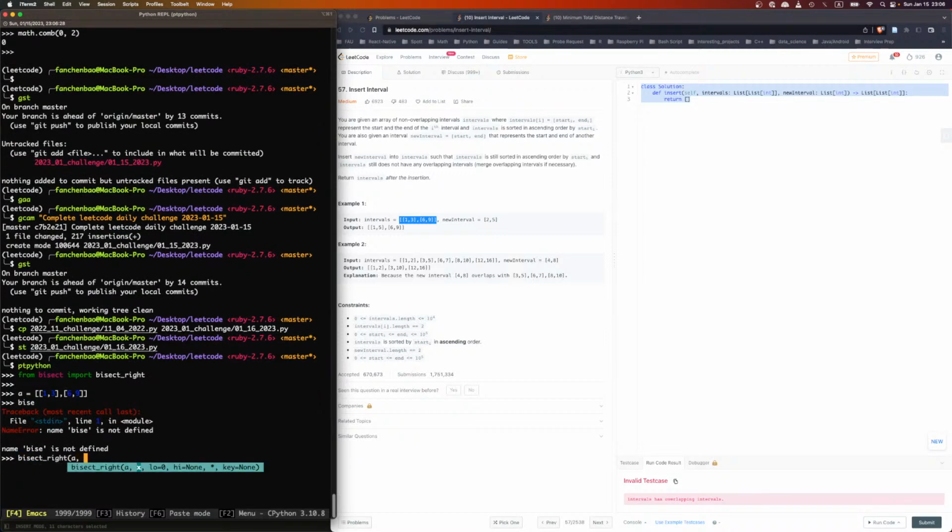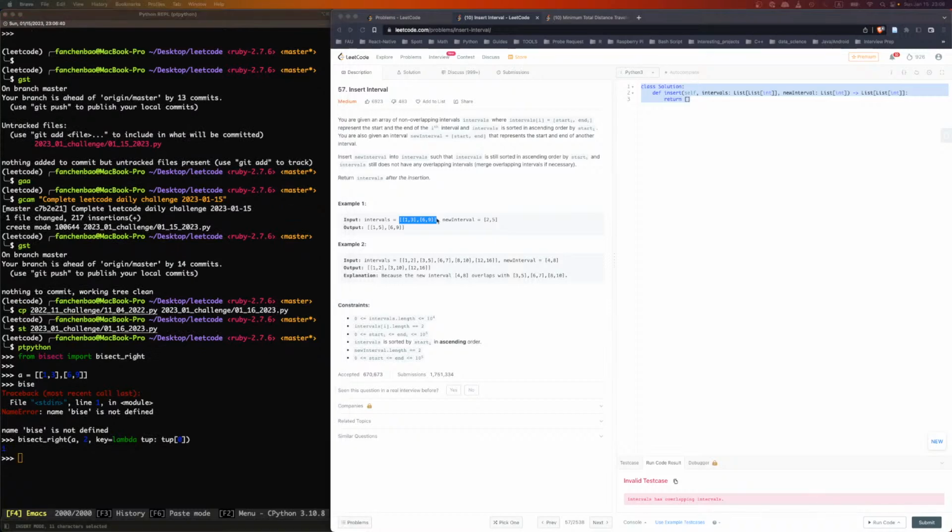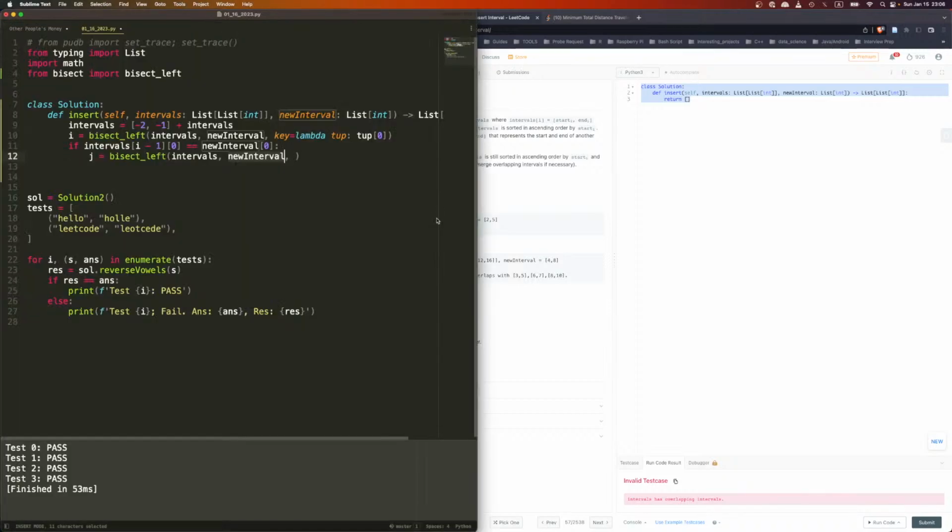A, let's say 2 key equals lambda tuple. Can we do this? Oh, I can. All right. Then I shall do 0. I shall do 1 key equals lambda tuple 0.